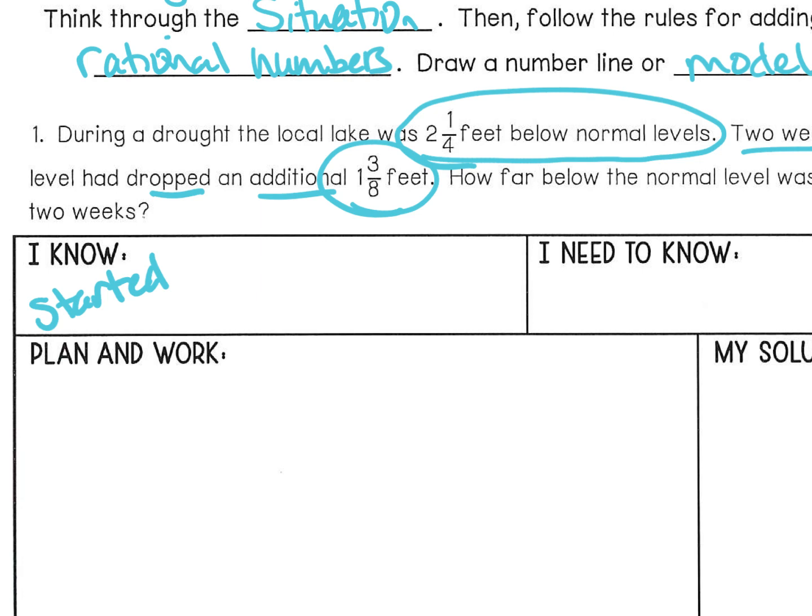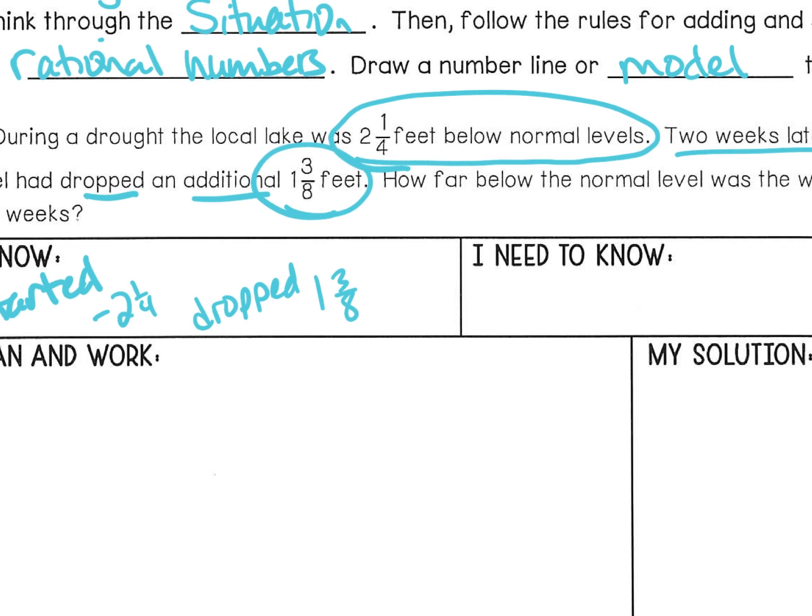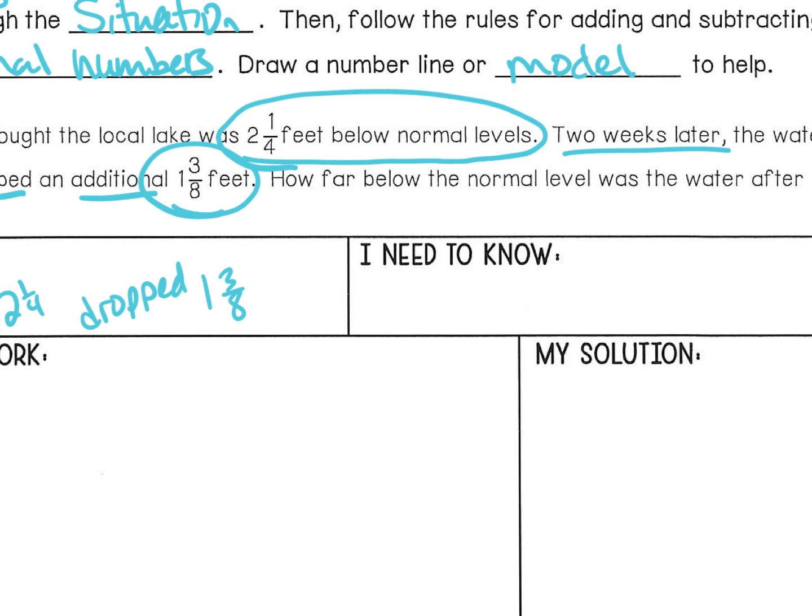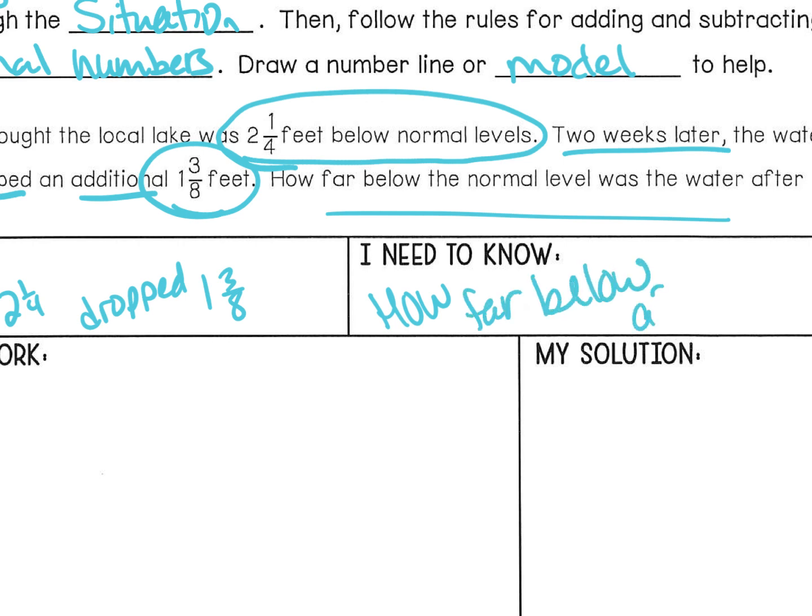Below, which would be a negative 2 1/4, or you can put dropped 2 1/4. And then it dropped another 1 3/8. We're looking for how far below. This is really just this question at the end. After 2 weeks.